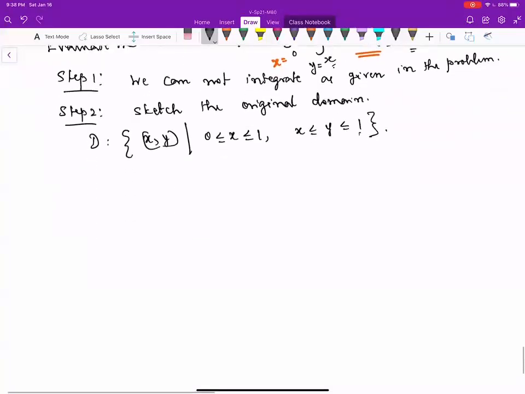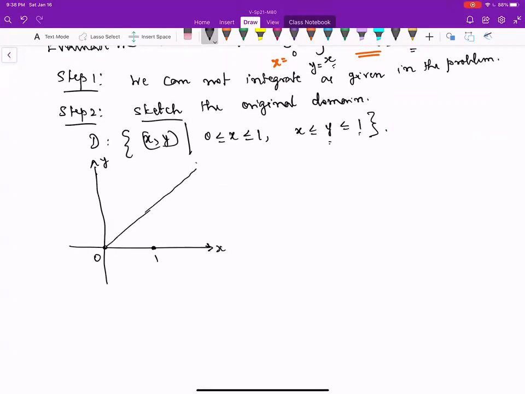Can we sketch this? Let's sketch this. We take the x-axis and y-axis. x is running from 0 through 1. Let's imagine this is 0 and this is 1. y is running from y equal to x to y equal to 1. What is y equal to x? y equal to x is a straight line passing through the origin. So this is y equal to x.